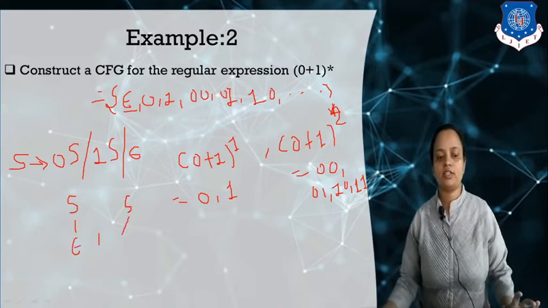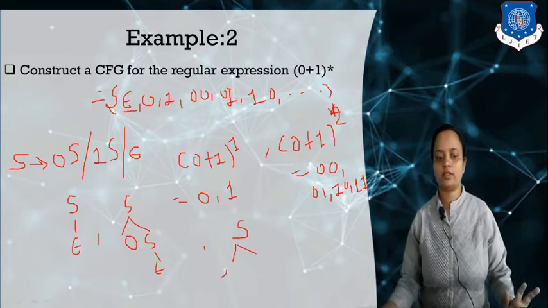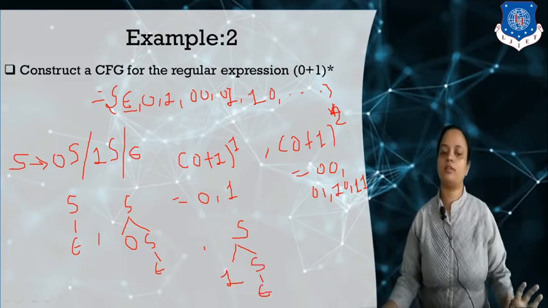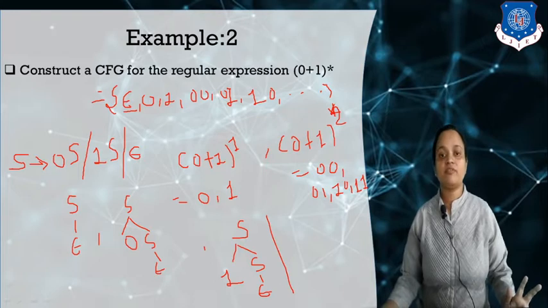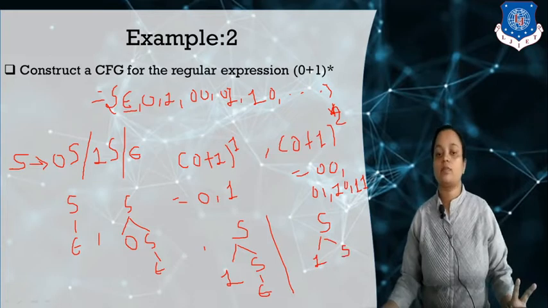S derives single 0, yes. It also derives 0S, and S is replaced by null. Okay, so 0 concatenated with null is 0. 1, yes, S is replaced by 1S, and it is replaced by null string like this. Can we generate 10? Yes, you can generate it. S is replaced by 1S, and this S is replaced by 0S.